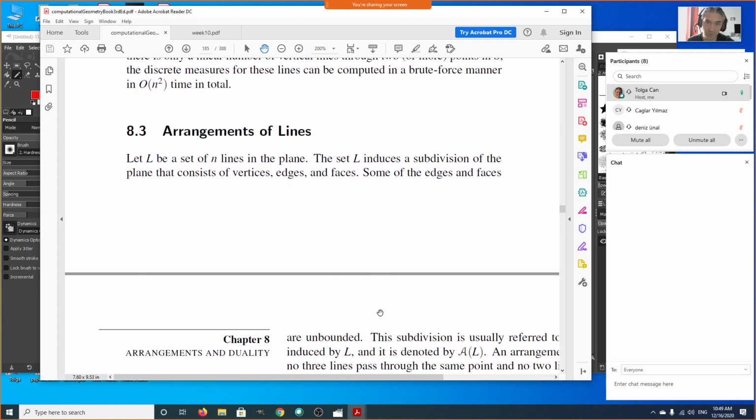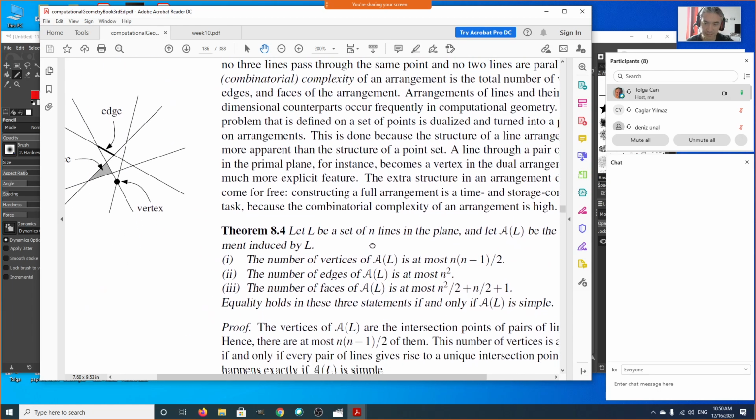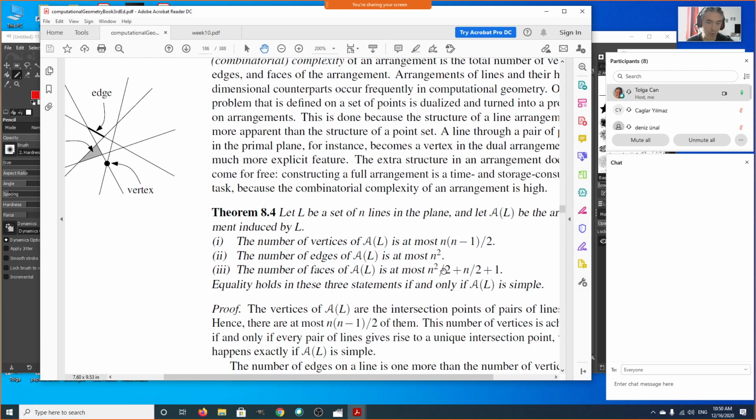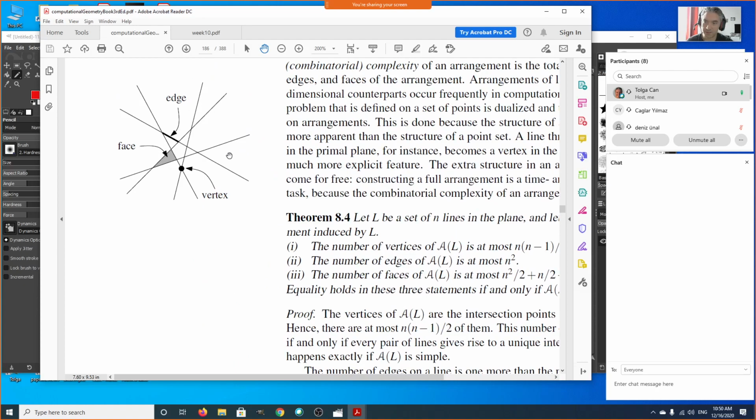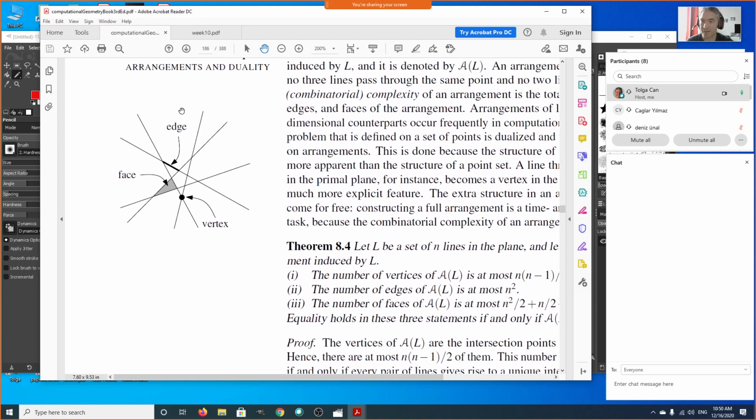We have an arrangement of lines, and this arrangement of lines induces a subdivision of the plane. We have faces, edges, and it's clear that the complexity of this subdivision is quadratic because there are O(n squared) vertices. The number of faces and the number of edges are also O(n squared) each. So this is the theorem. This is the subdivision induced by an arrangement of lines, an example subdivision.